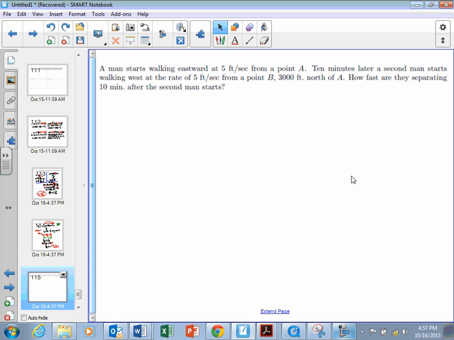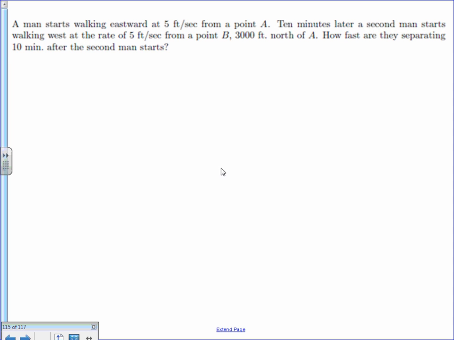Okay, a man starts walking eastward at 5 feet per second from point A. Let's put a point A up here. The man's going this way at 5 feet per second. Ten minutes later, a second man starts walking west at the rate of 5 feet per second from a point B, which is 3,000 feet north of point A. So I'm going to put B up here and draw this line in.